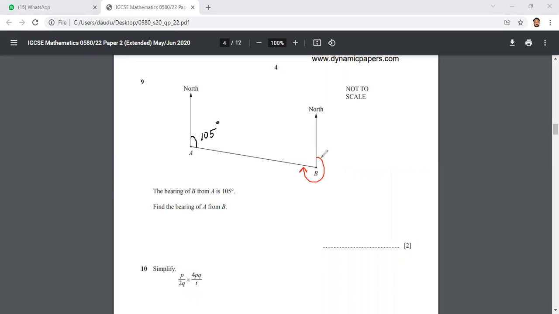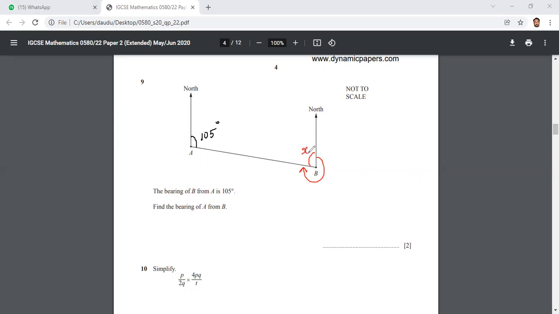We already have the north lines. So in bearing, we remember 3 things. We must have north lines, we always take clockwise rotation, and our answer must be in 3 figures. So how do we find it? Whenever you have parallel lines, the interior angles sum to 180.